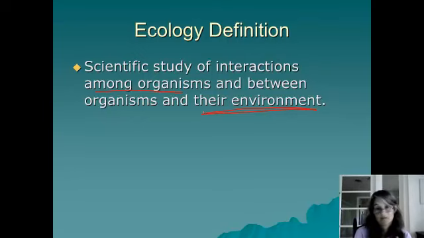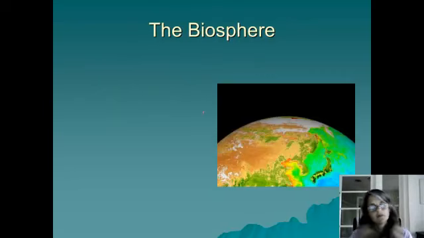And the impact of the organisms on their environment as well. So that's what we're looking at. Ecology is all about relationships and interactions between organisms and their environment and each other.